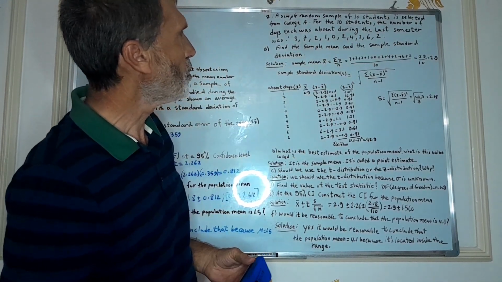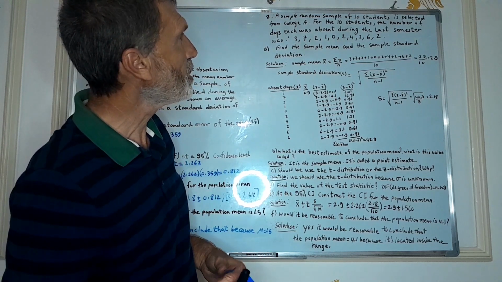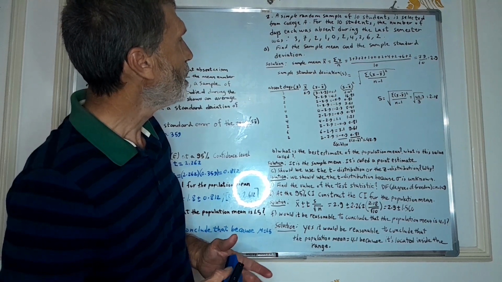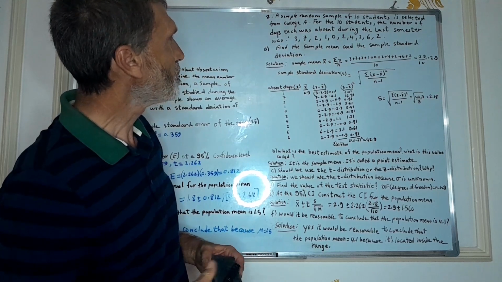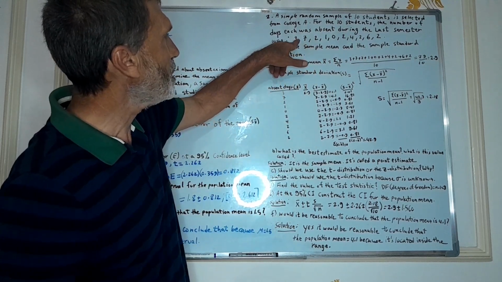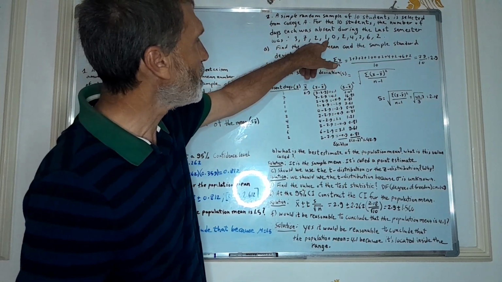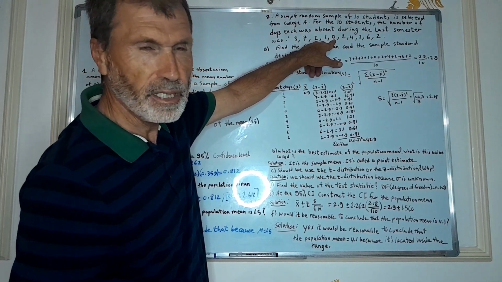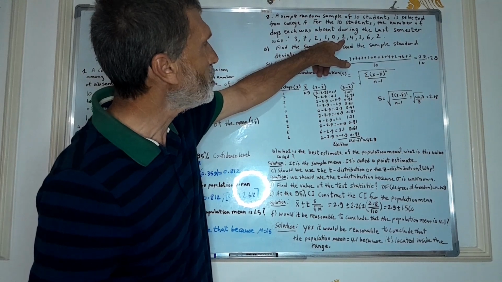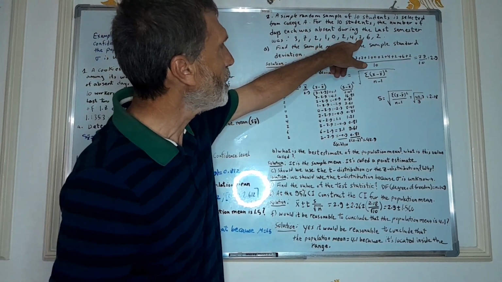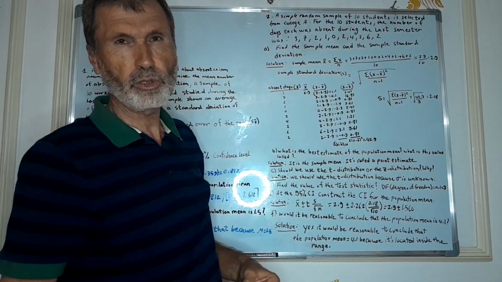The first student is 3 days, the second 7 days, the third 2 days, the fourth 1 day, the fifth is 0, he never missed a class, the sixth is 2 days, the seventh 4 days, the eighth 2 days, the ninth 6 days, and the tenth 2 days.